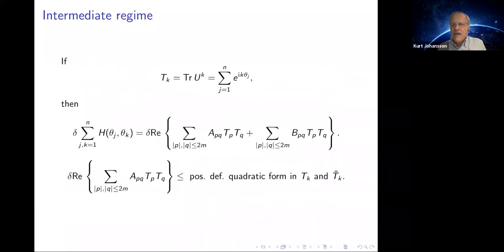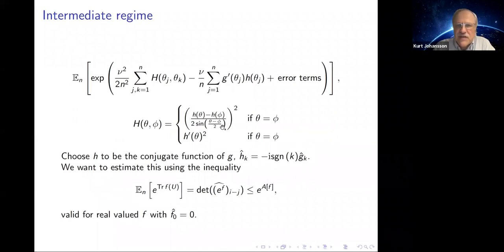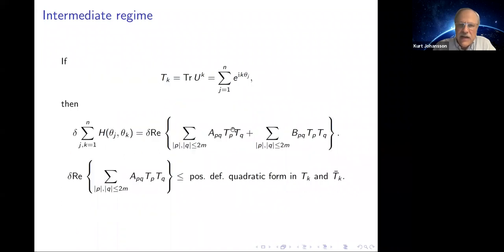And the idea, which I will just indicate here, is the following: we know something for linear statistics. For those, we have a good bound. So we somehow want to linearize this quadratic expression in the exponent. Let t_k be these traces, which are linear statistics. Then a computation you can do with this function h, recall that capital H was this quotient squared, shows that you can expand this as a quadratic form in these traces with some coefficients.